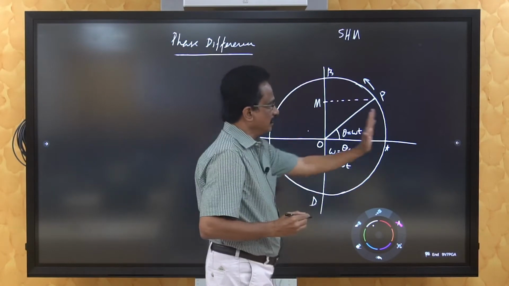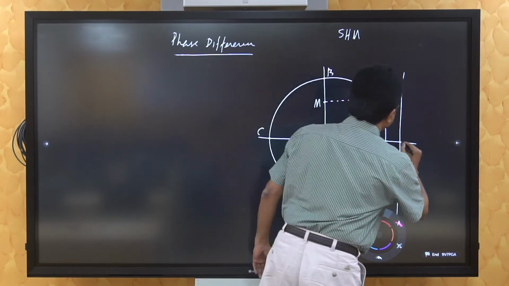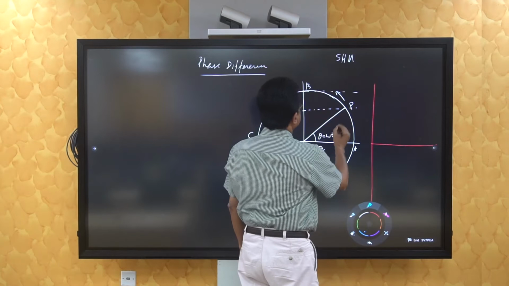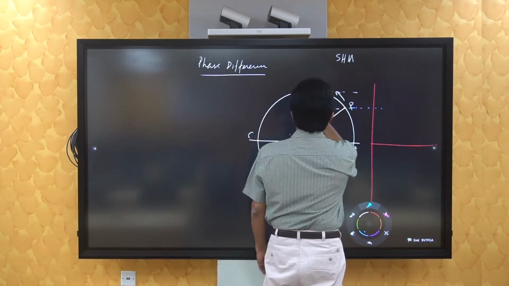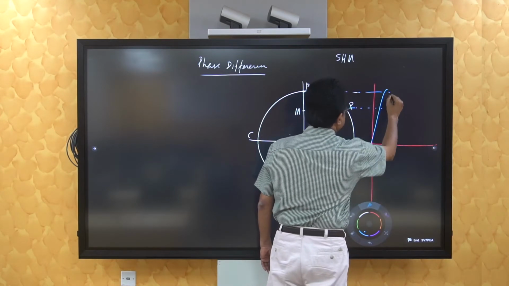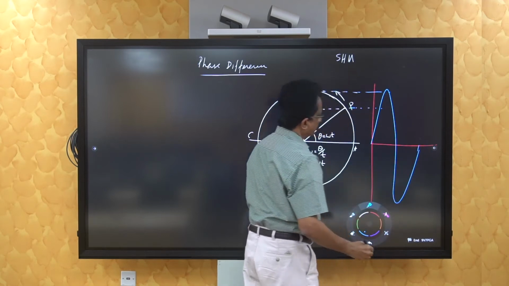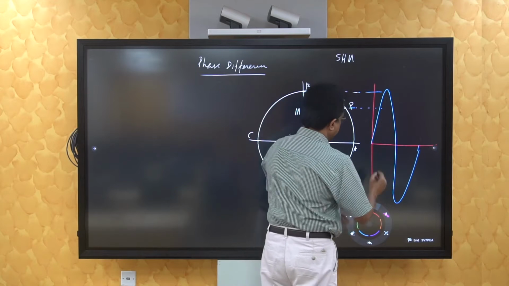Now let's plot the displacement in this graph. Displacement on this axis. This is the maximum displacement. This is 0.